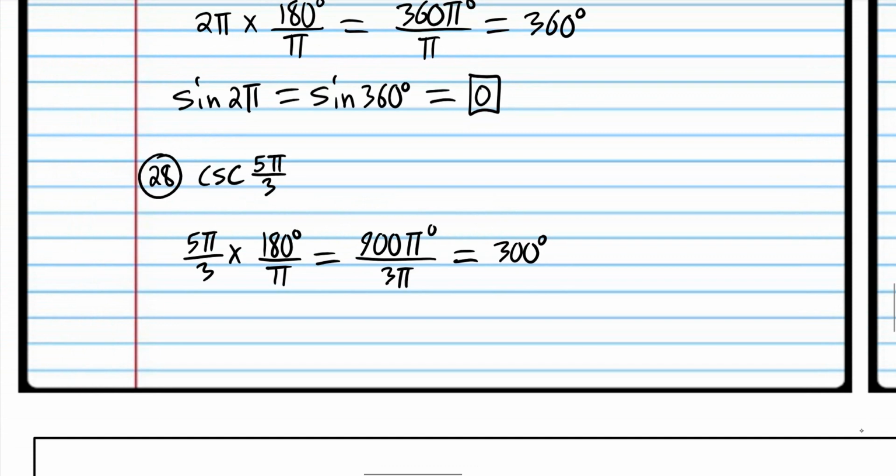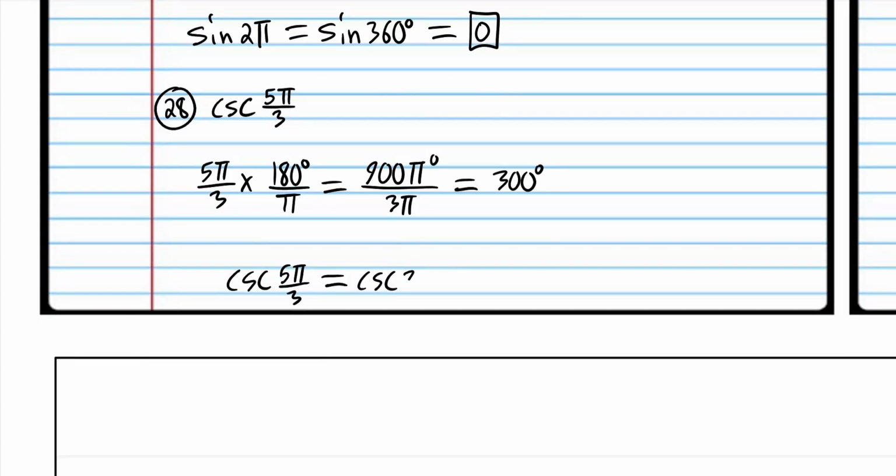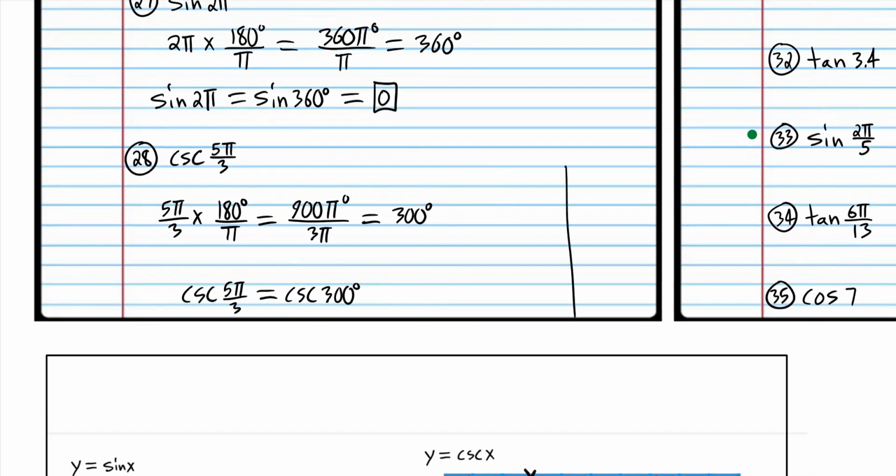So cosecant 5 pi over 3 is the same thing as cosecant 300 degrees. So let's look to our axes. We're going to rotate 300 degrees. And if we subtract 300 from 360, we see our reference angle is 60 degrees.